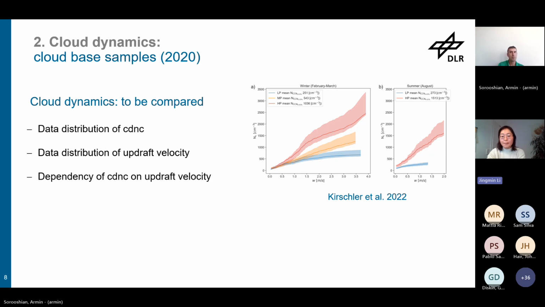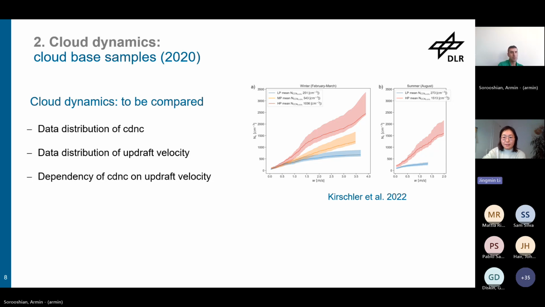We also see a difference in this dependency between the different aerosol load groups, the higher aerosol loads on the top to the low aerosol loads on the bottom. So here we will evaluate whether the model can reproduce the data distribution of both variables and also whether the model can reproduce this dependency of CDNC on the updraft velocity.